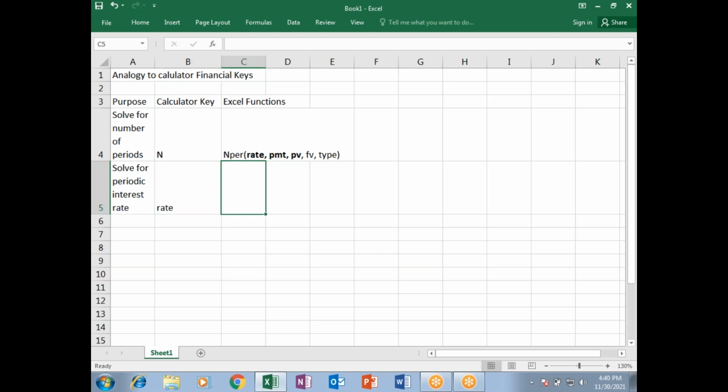The key is a RATE function: rate, NPER. First we need to give NPER, then PMT, payment, future value, present value. Type will be in the syntax.